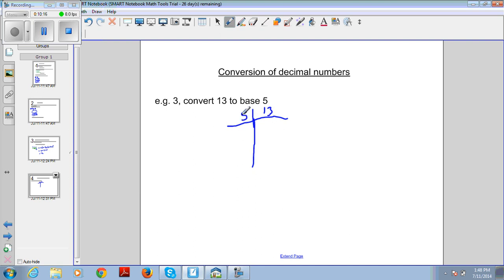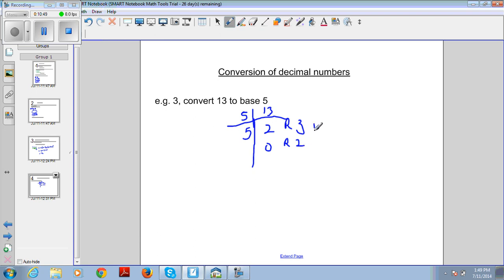What you use to divide is what? The base you are converting to. So 13 divided by 5, you have 2, remainder 3. So that is the first one. The next step, you put down your 5 here again. 2 divided by 5 cannot go, so you put 0 and write down the 2 as a remainder.